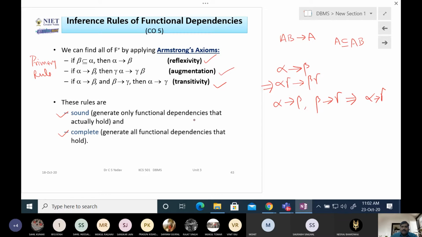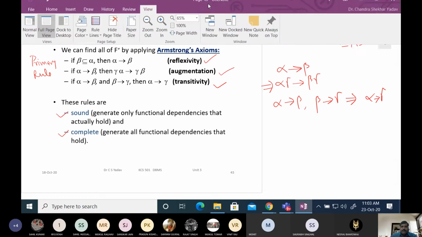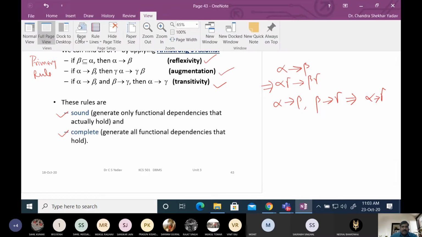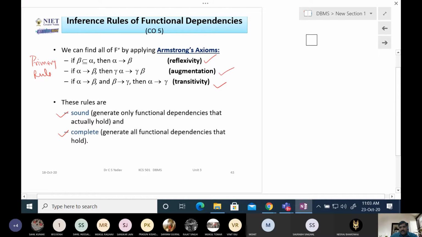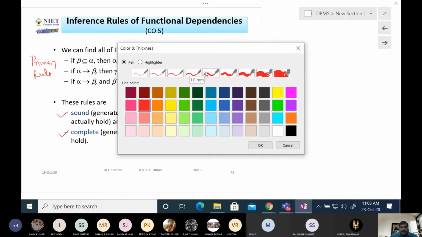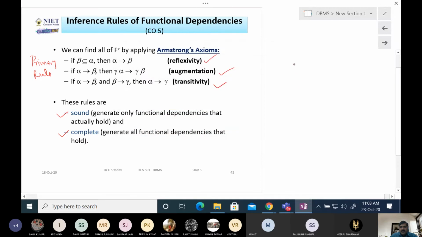Okay, suppose we have to prove reflexivity rule, then you can prove in this way. And only explanation, not any mathematical proof.